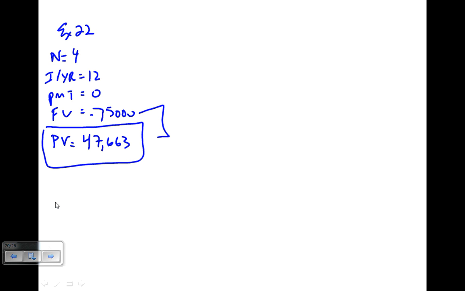What we're going to solve for is the present value, and the present value is going to be $47,663, doing a little bit of rounding there. And the difference between that future value and the present value is our discount.